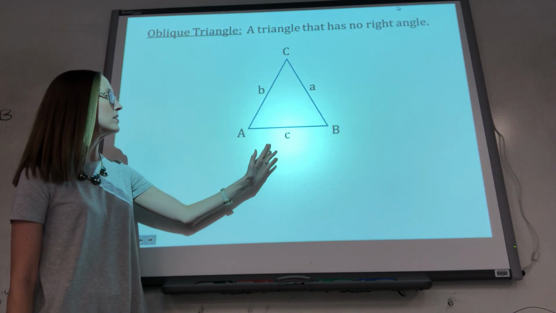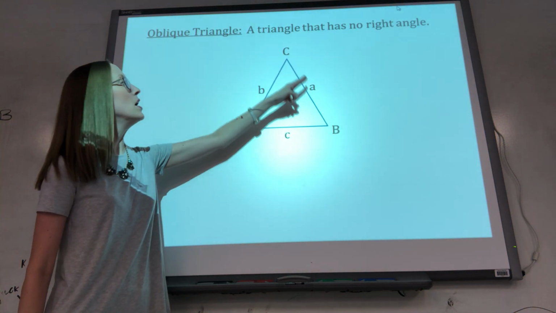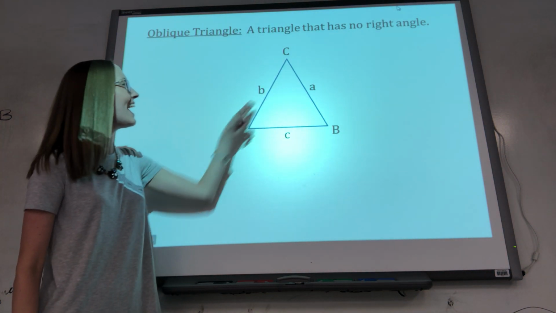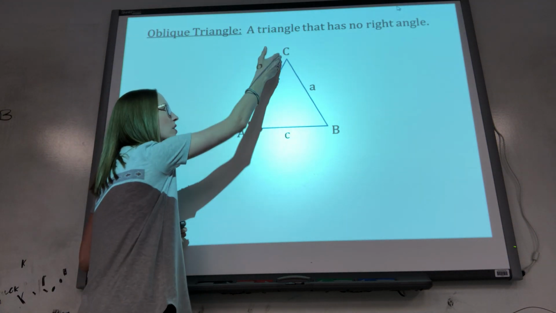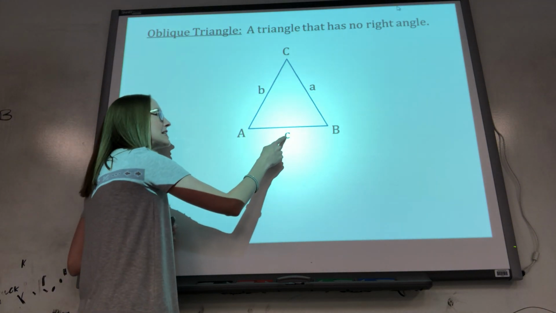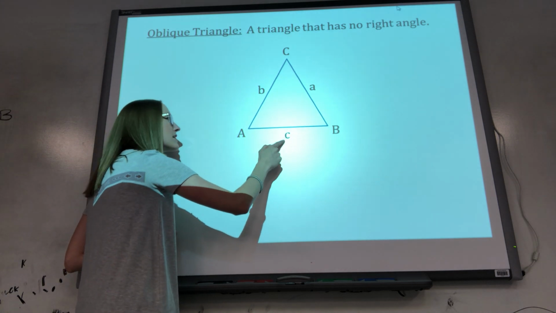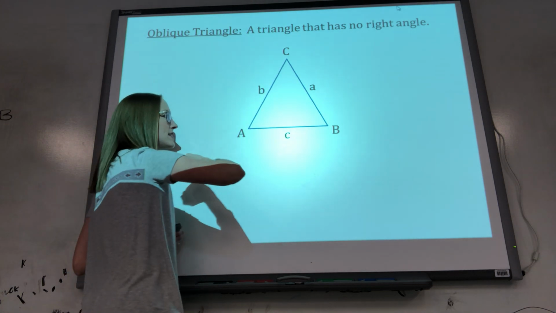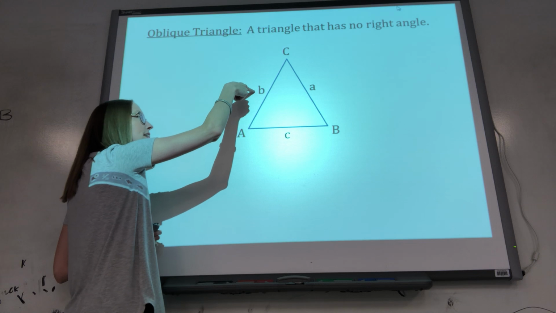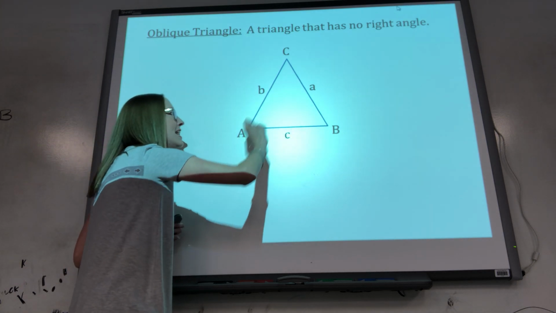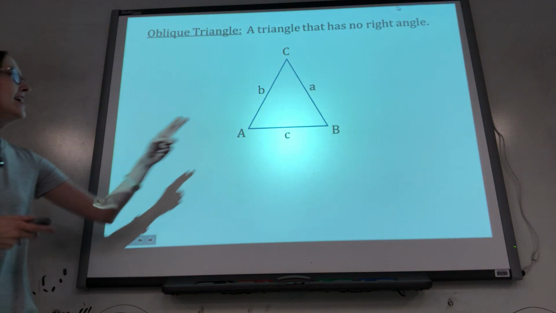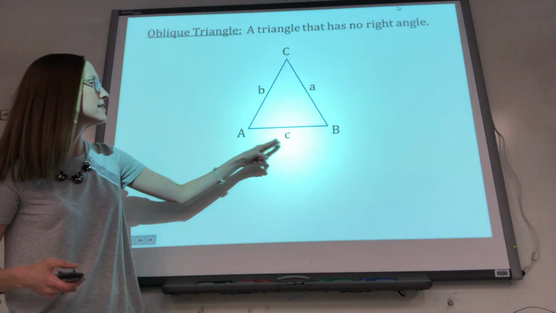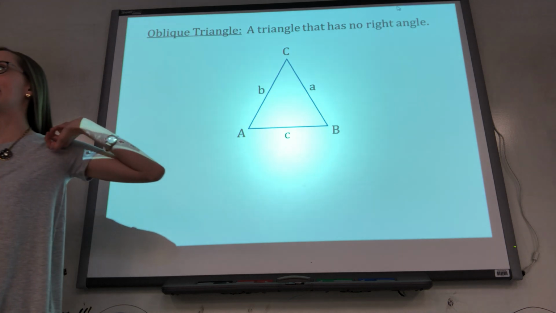The labels. C, B, A. What you'll find is that the letters are sort of across from each other. Side C is across from angle C. Side B is across from angle B, and side A is across from angle A. The sides are lowercase and the angles are uppercase.